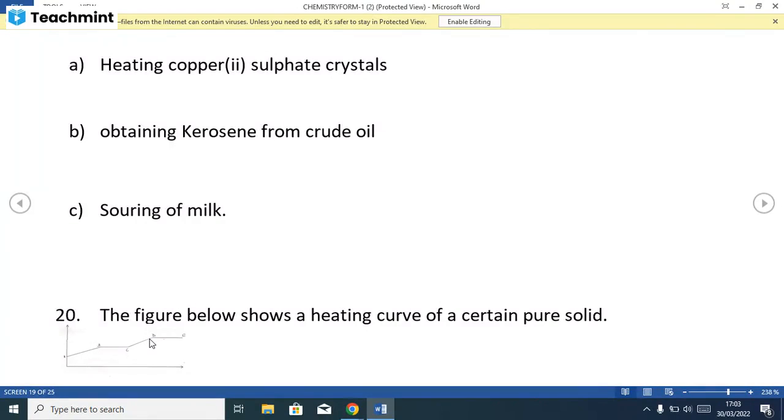So the heat supplied increases the kinetic energy of the particles, causing them to move fast. After moving fast, what will happen? They will move far apart.